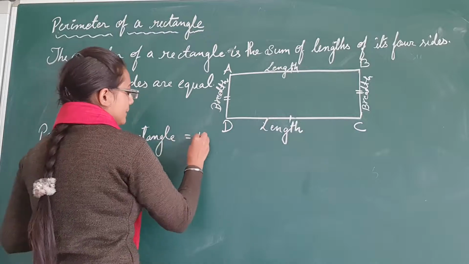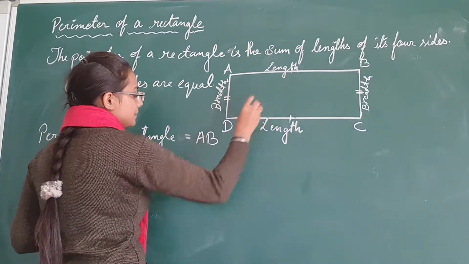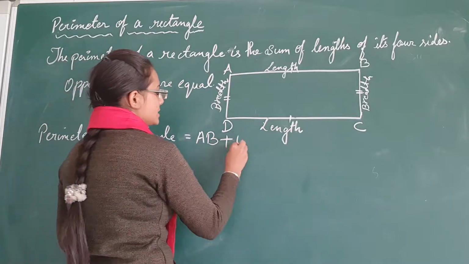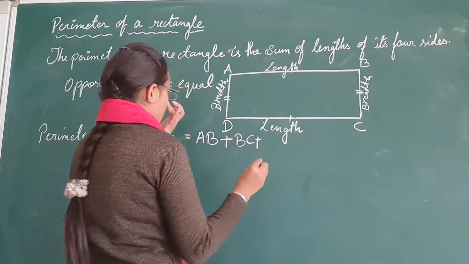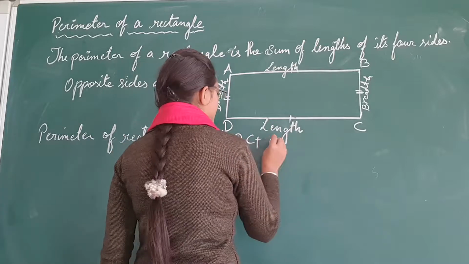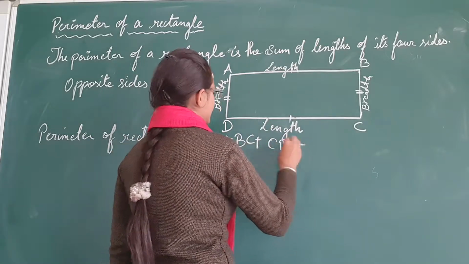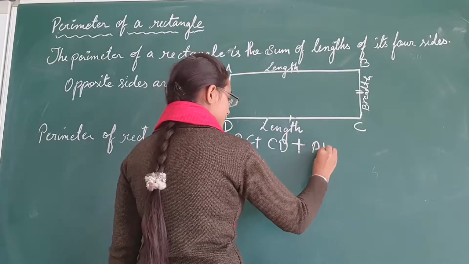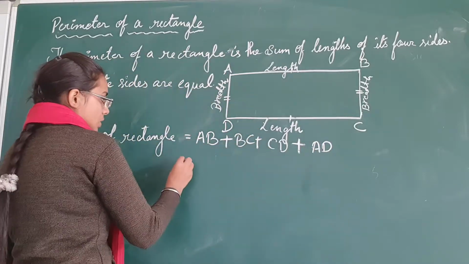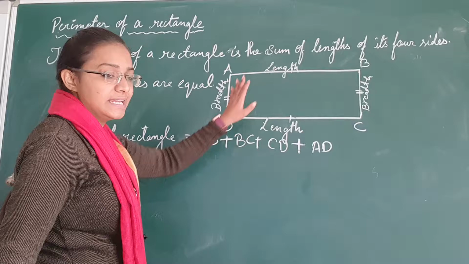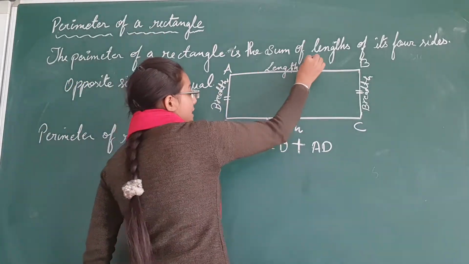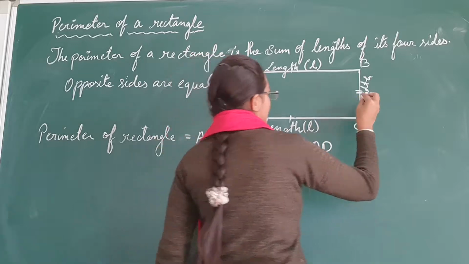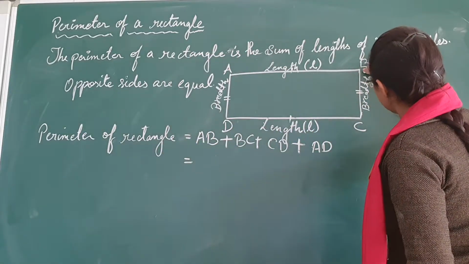So AB is the line segment, then BC is the line segment, CD is the third line segment, and the fourth line segment is AD or DA. Here the length can be written in short L and the breadth can be written as B.